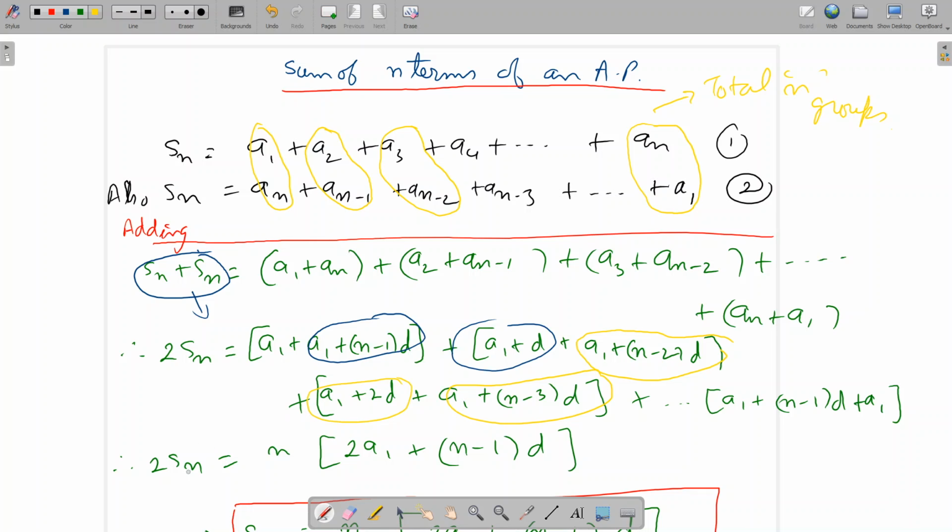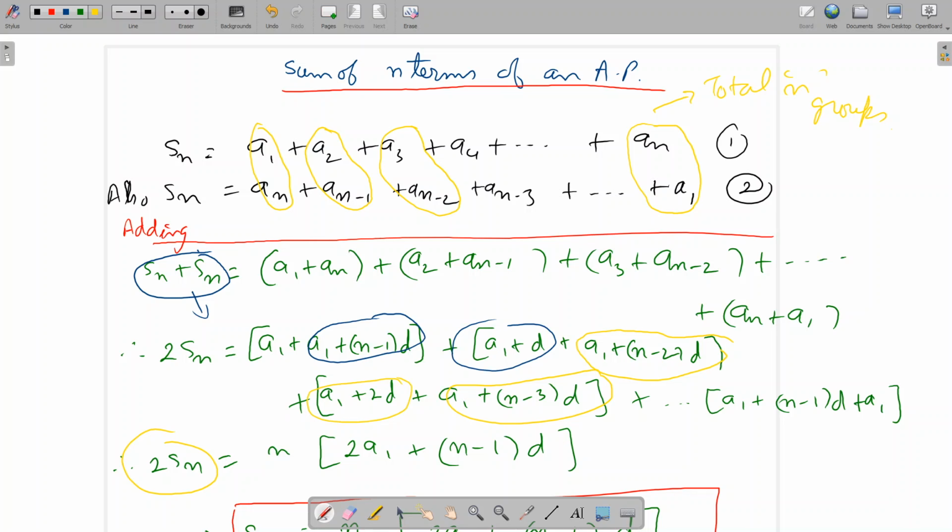On the left side there will be no change, so this will be 2Sn equal to n into something, because, as I told you, there will be n pairs, and the sum of each is the same, that is 2a1 plus n minus 1 into d. You can check it out. a1 plus a1 is 2a1 plus n minus 1 into d.